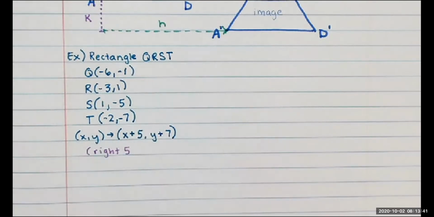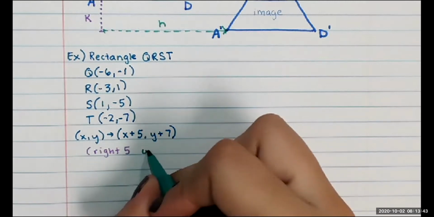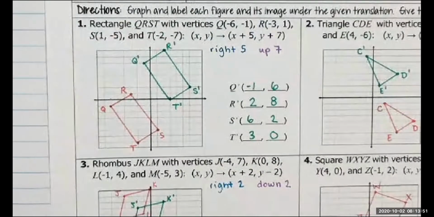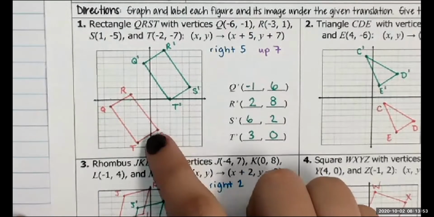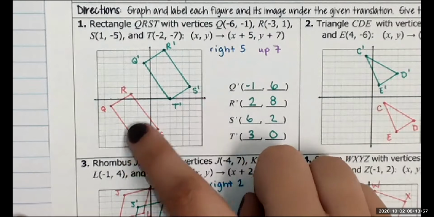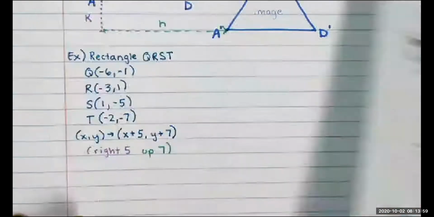Right 5, up 7. Just so if you were looking at a picture of it, perhaps like the one on the printed notes that I have, you would see that it's moving up and to the right. And so you have a positive change on both.